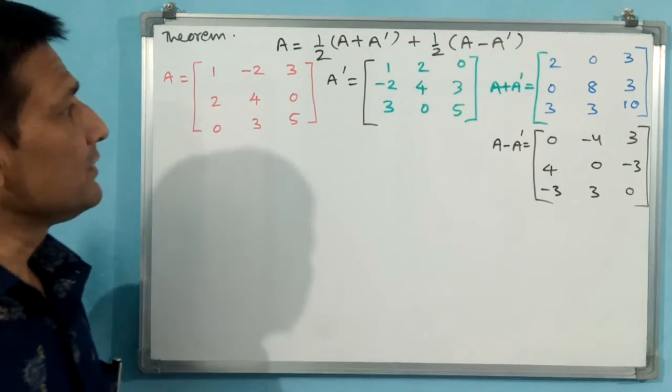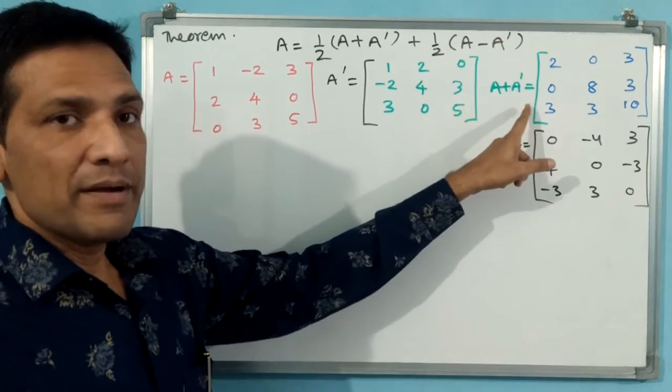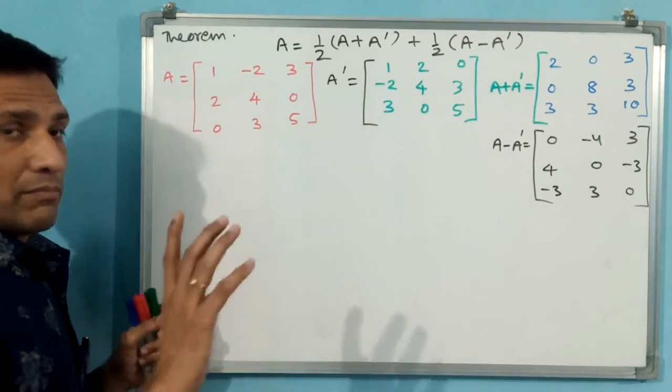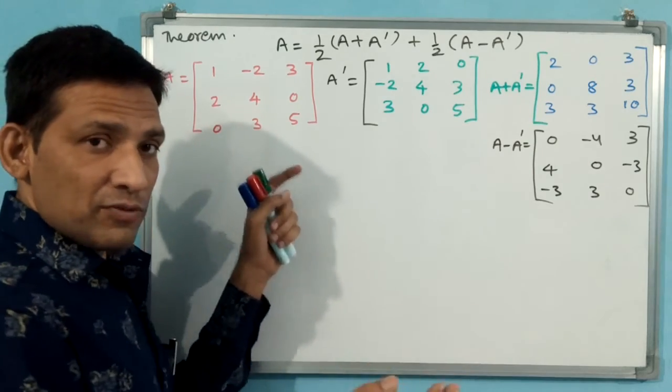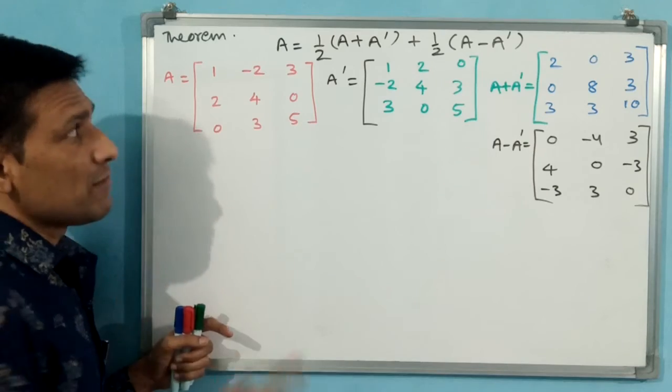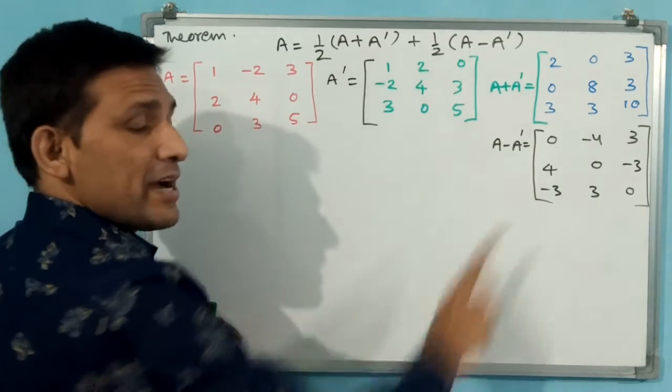Now you see, you have got A plus A transpose and A minus A transpose. But the addition of these two should give again the same A. But directly it won't come. You have to multiply both with 1 by 2.